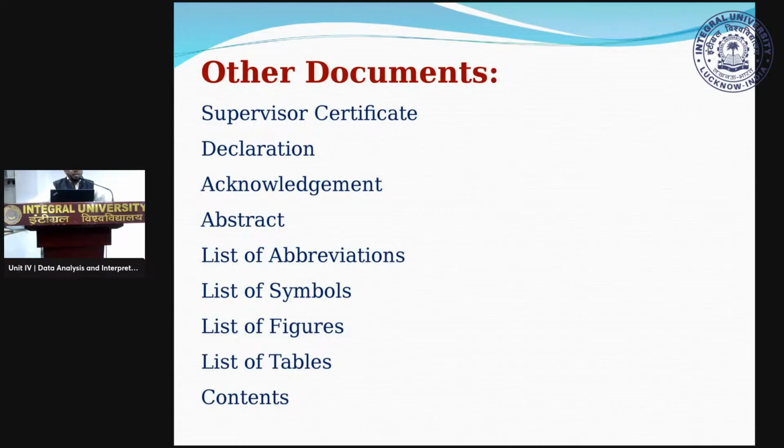It's important. A list of tables should be prepared. After the contents, you will have to write the list of tables, on another page the list of figures, and then you have to write your contents. Contents may come first or maybe last after that.